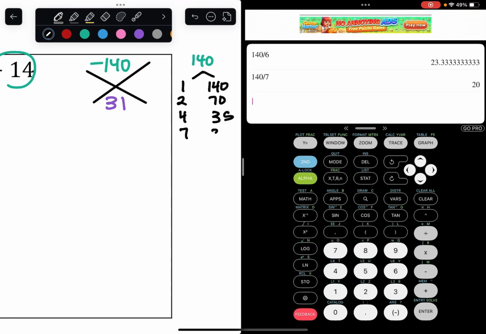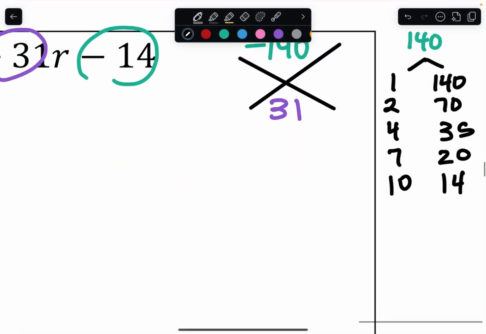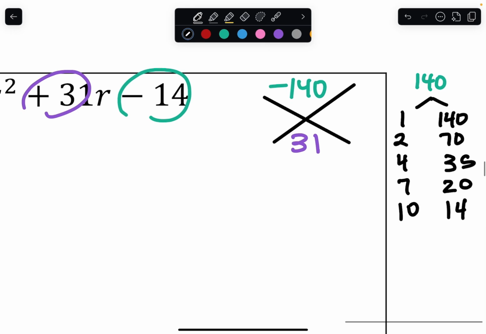And we're kind of back to some easier cases, 7 and 20. 8 doesn't work. 9 won't work. 10 will work. And then 11 doesn't work. 12 doesn't work. 13 doesn't work. And we're back to 14. Okay, and so these are all the numbers that multiply to 140, but keep in mind this is a negative 140.